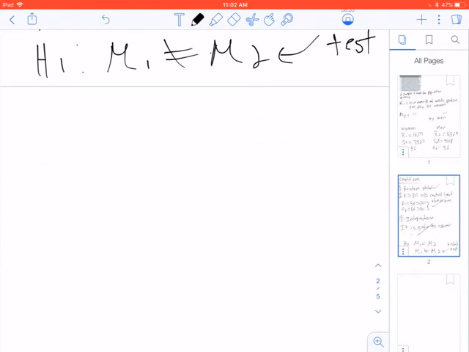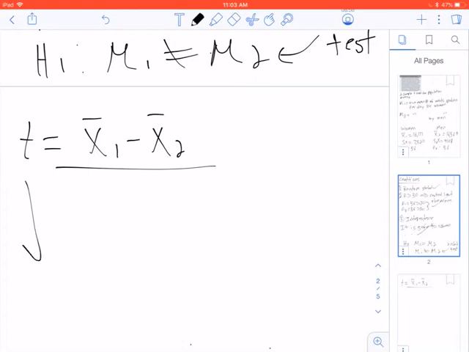We have to calculate our test statistic. Our test statistic is going to be equal to x bar 1 minus x bar 2. So we're finding the difference between these two sample averages, and then we need to divide that by the standard error for the combined sampling distribution, which is always going to be equal to the square root of.